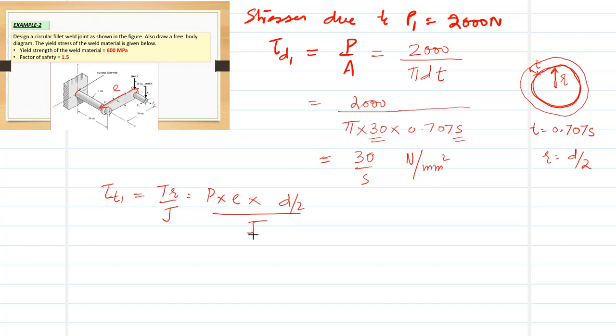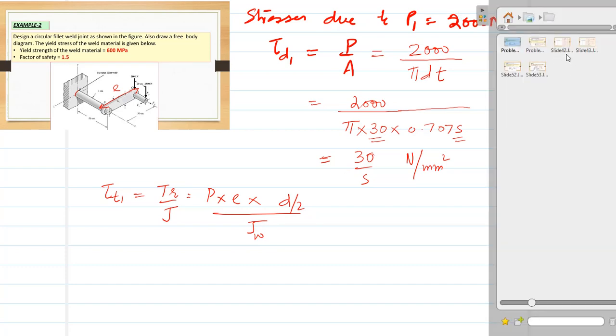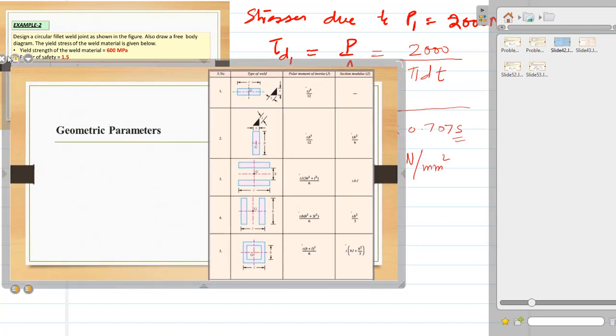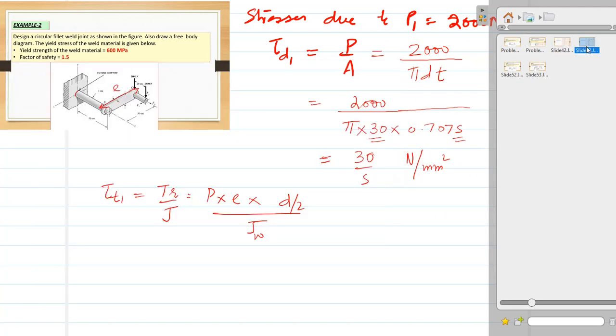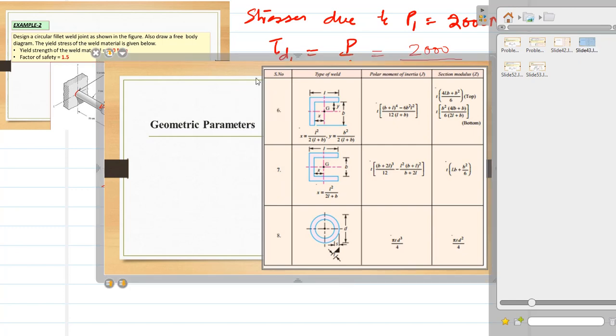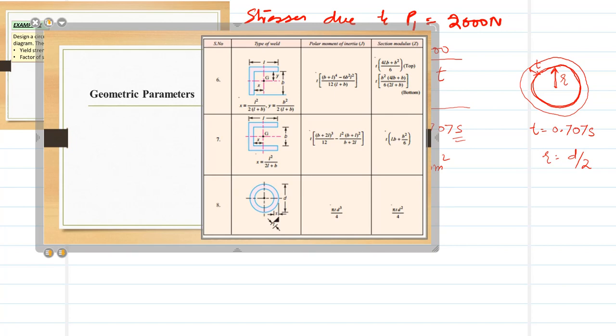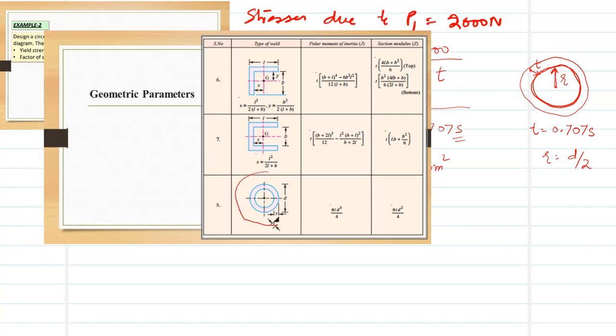When you look at the table, these tables are given in exams. If you look at the table, in this table it's not given. We have to solve the second portion of the table. So see in this table, this is given. The circular weld geometry is given, and its values of the polar moment of inertia and section modulus are also given.